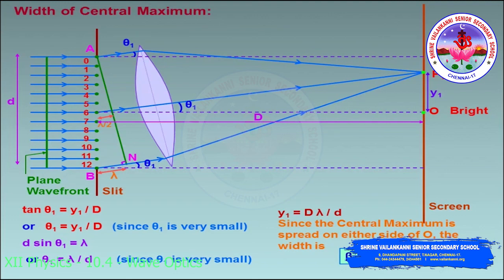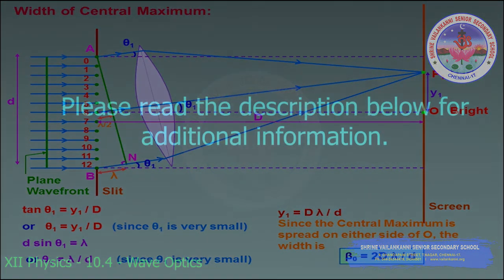From 11th we have studied that angle in radians equals arc by radius. So arc by radius will be beta naught by capital D. So 2 theta equals beta naught by capital D. So beta naught equals capital D into 2 theta. From that we got 2 capital D lambda by small d.